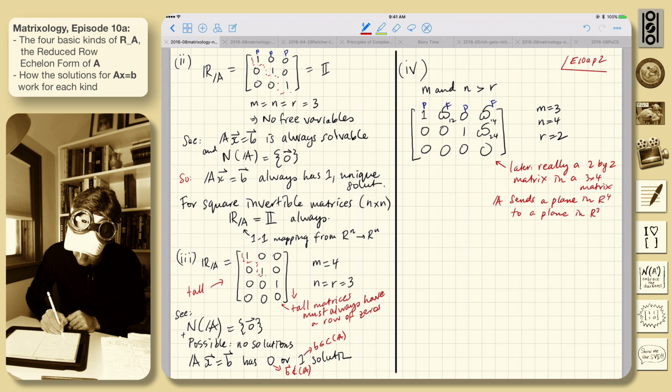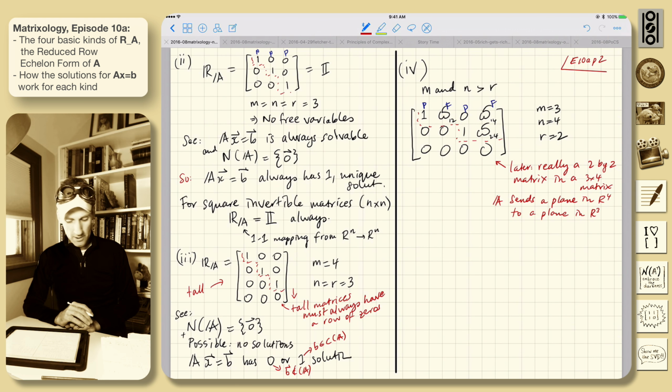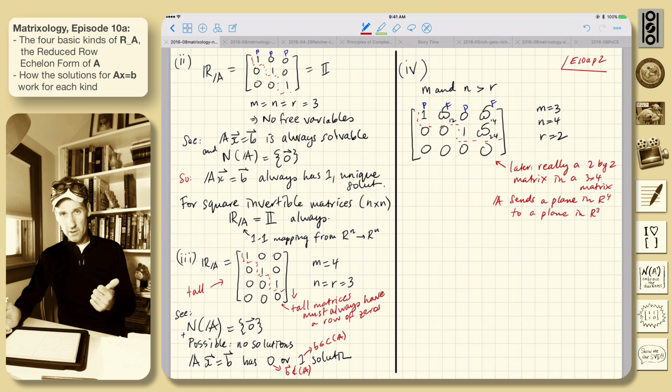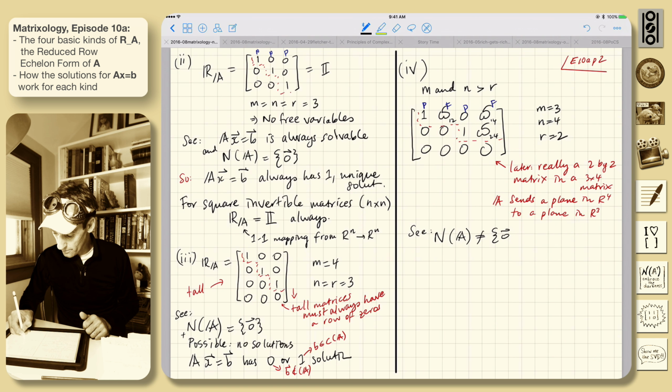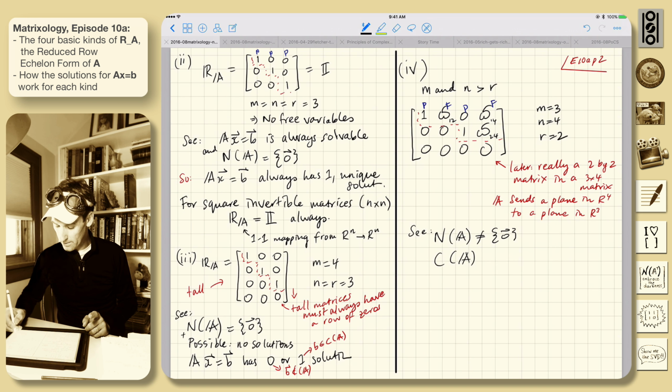All right, so let me put in these echelon pieces. It's possible now, because there is a null space, so we see the null space of A is not equal to 0. It's not just the 0 piece. Free variables exist. The column space of A may or may not contain b, right?